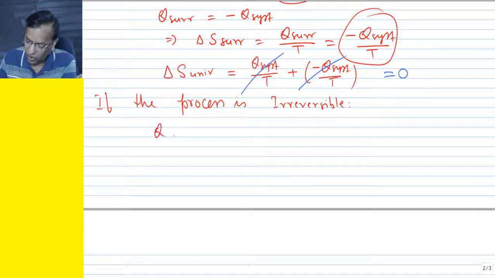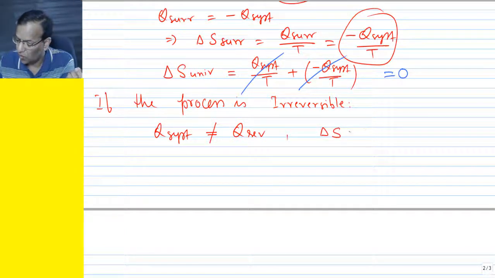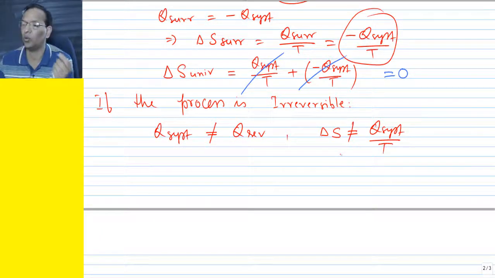In that case Q system is not Q reversible, so delta S will not be equal to Q system by T. Now delta S will be determined using the expression we derived.